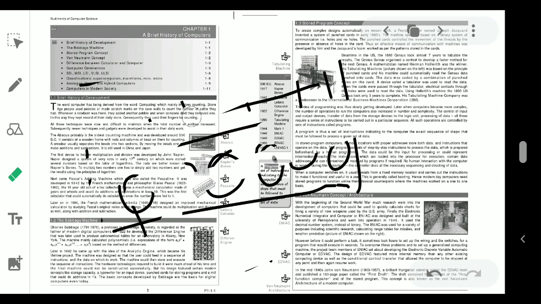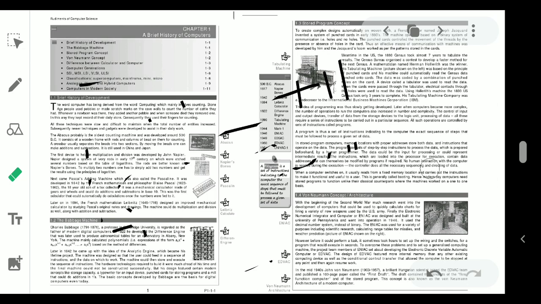Later, in 1694, the German mathematician Leibniz designed an improved mechanical calculator by studying Pascal's original notes and drawings. In this particular machine, multiplication and division along with subtraction and addition are possible.